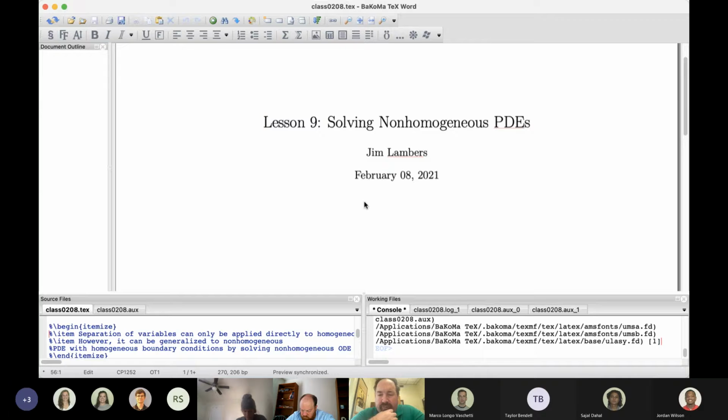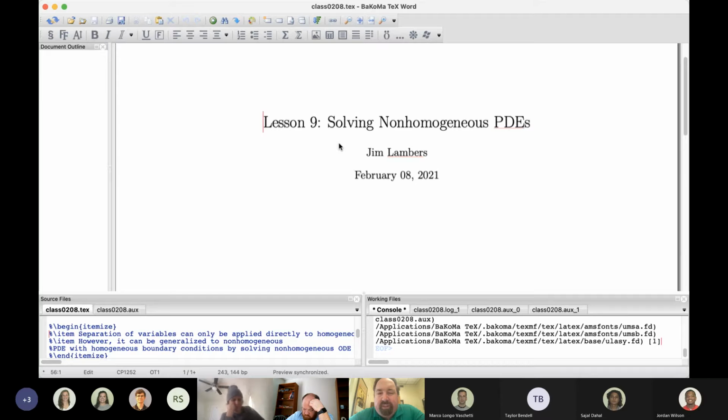So you have something equal to 0 at both boundaries. But the PDE might turn out to be non-homogeneous, even if it was homogeneous before, especially if the boundary conditions depend on time. So now we're going to look at this case.